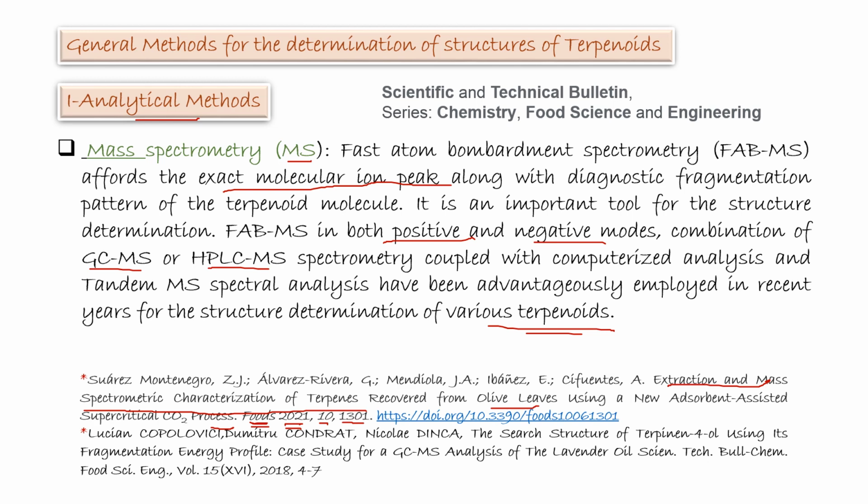Also, you can look at the search structure of the terpinen-4-ol using its fragmentation energy profile, case study for GC-MS analysis of the lavender oil, published in Scientific and Technical Bulletin series, Chemistry, Food Science and Engineering, year 2018, volume 4 to 7, page 4 to 7.